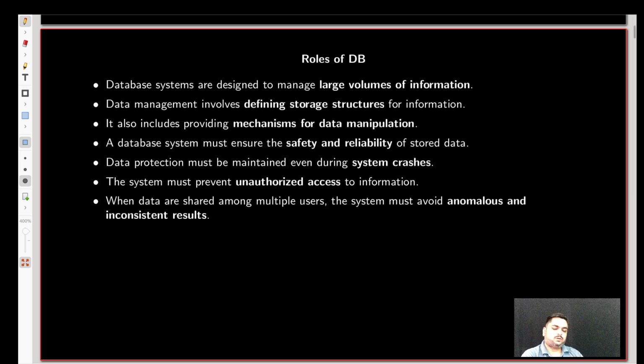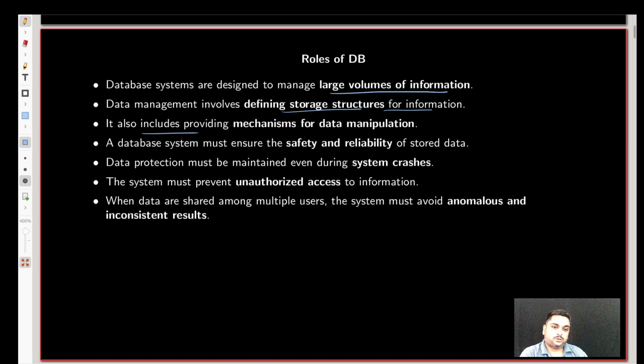Now we will see the roles of a database management system, that is, its responsibilities. Database systems are designed to manage large volumes of information. Data management involves defining storage structures for information. The goal is to organize the data so that access time is reduced. So the responsibility of the DBMS is to define a storage structure or data structure that is time efficient.